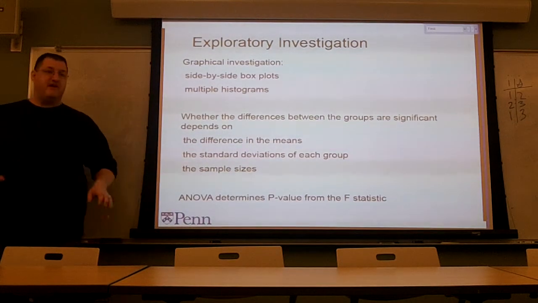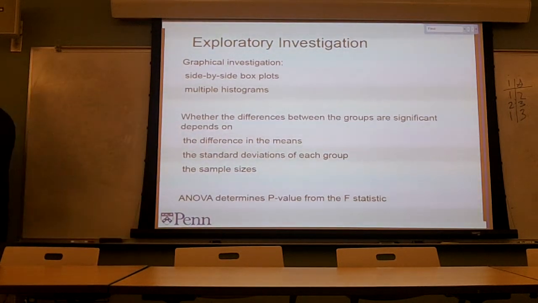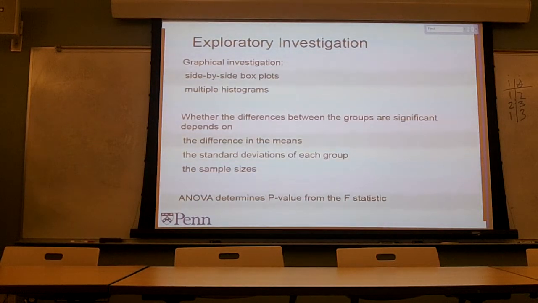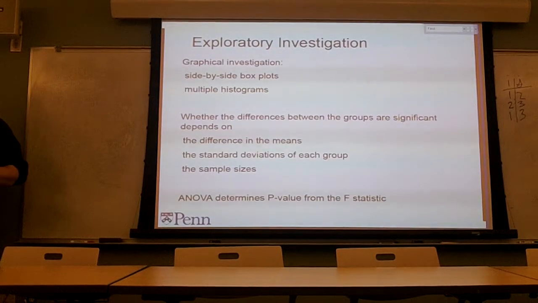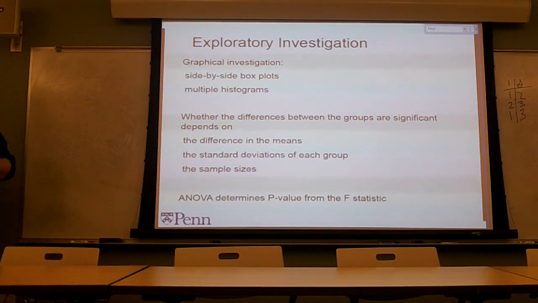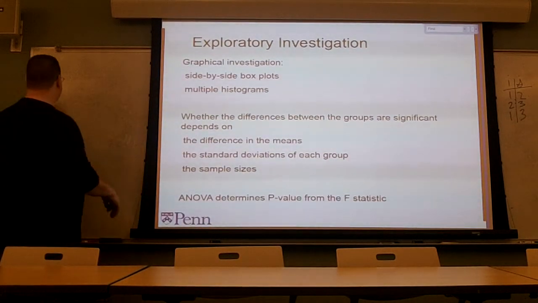If I have very large differences between the group means, that's a large effect, which is easier to observe than a small difference. But if I have a large difference but still a lot of variance in those estimates, it's going to be difficult to see.